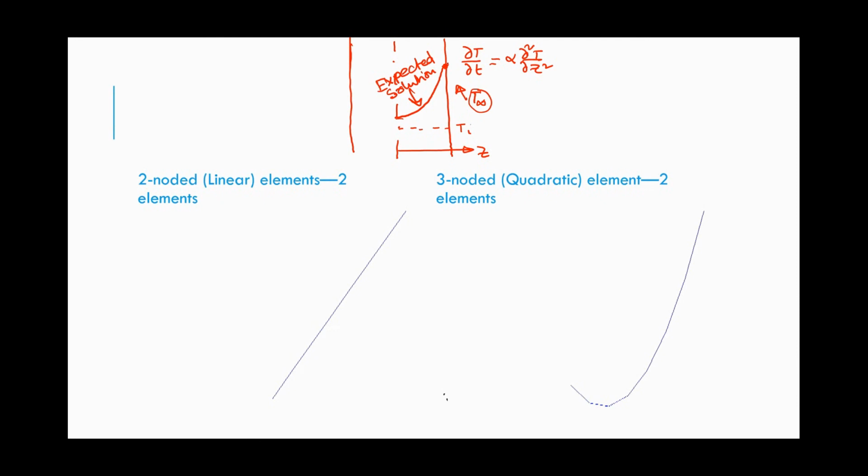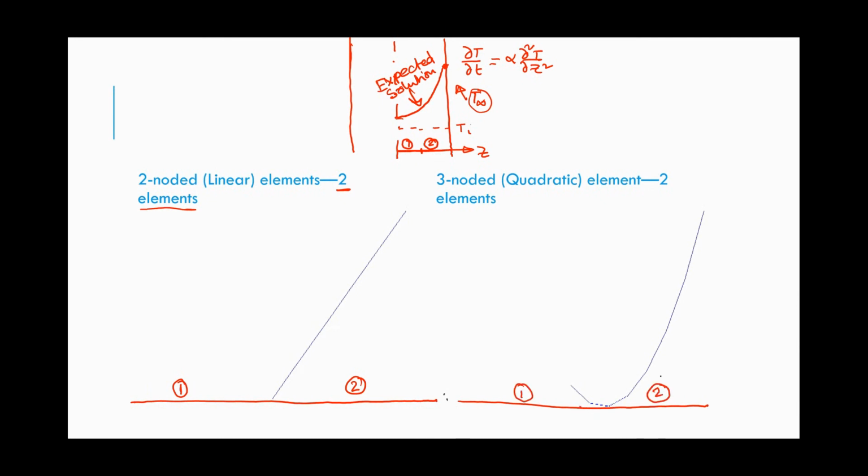So we're going to solve this problem in two ways. In both cases, we will have two elements. Two elements meaning this distance, we divide it into two parts. And so we have element 1 and element 2. So on the plot, I'll just enlarge this. Here also we have element 1 and element 2.